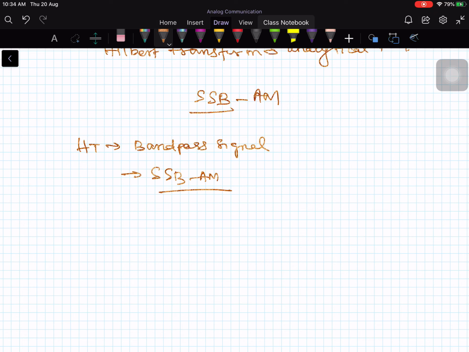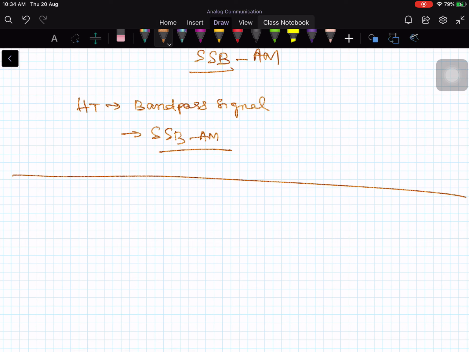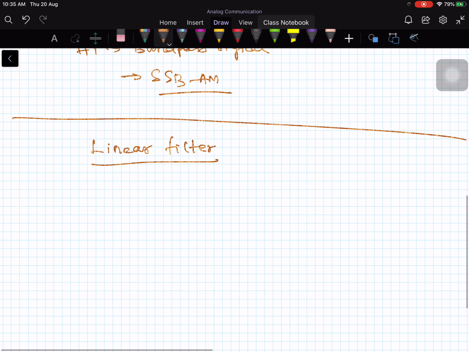To start with, let us consider what the Hilbert transform is all about. Let me consider a linear filter or a linear time invariant system. The transfer function of this linear filter is something like this.